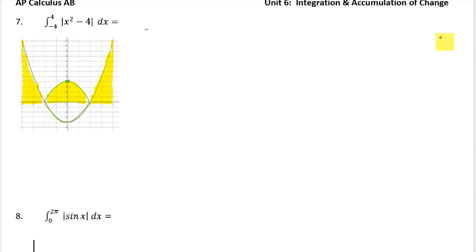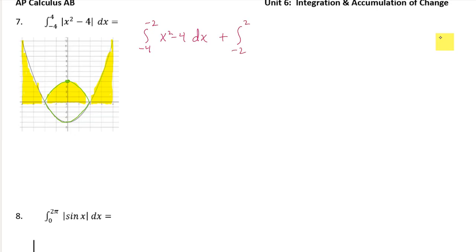So I'm going to do the integral from negative 4 to negative 2 of x squared minus 4. That's the left side, times dx, plus the integral from negative 2 to 2.